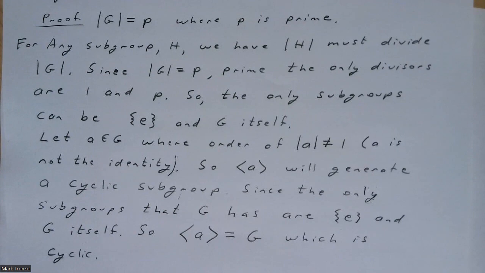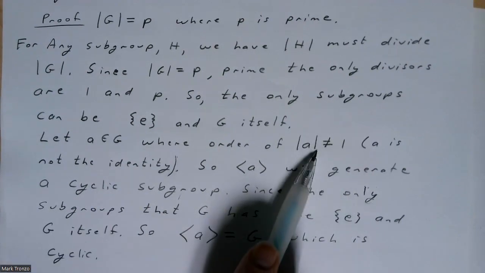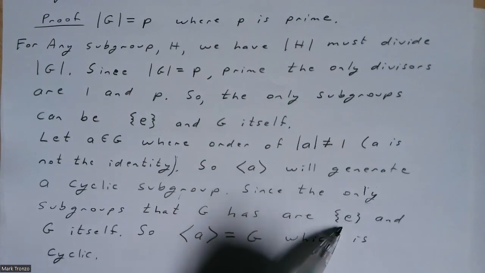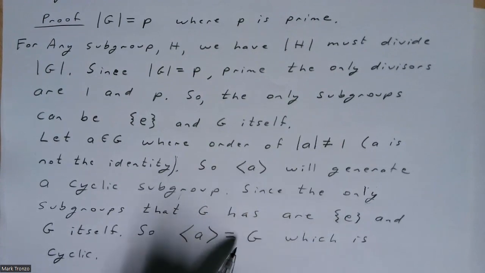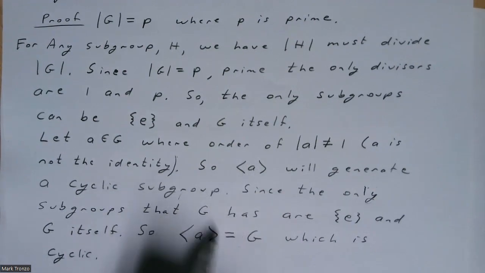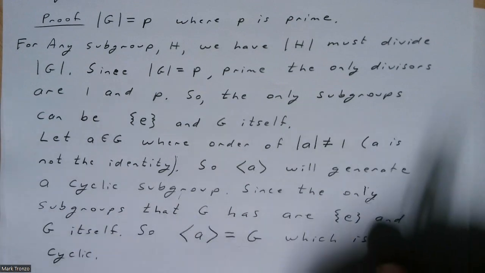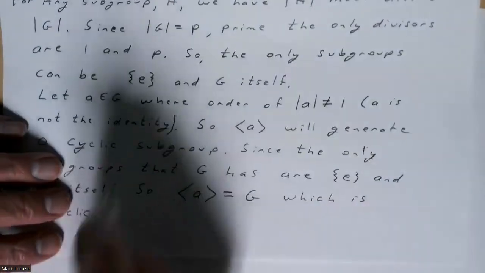And since it has to be a subgroup and we picked something that wasn't the identity, it can't be that this subgroup is anything but G. And by the previous theorem, this will be a cyclic subgroup. So you could further say, one more thing, remember, cyclic subgroups are abelian, so we can say every group of prime order is abelian.